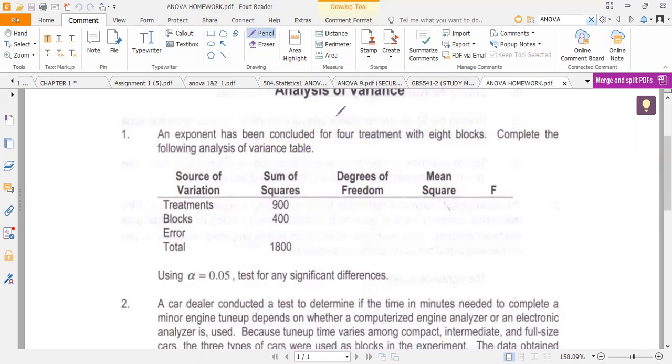So what is our K? 4. The treatments are denoted by letter K. And what is our N? 8. So how do we find the error here?